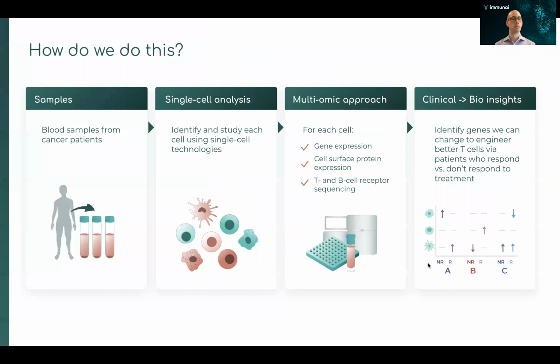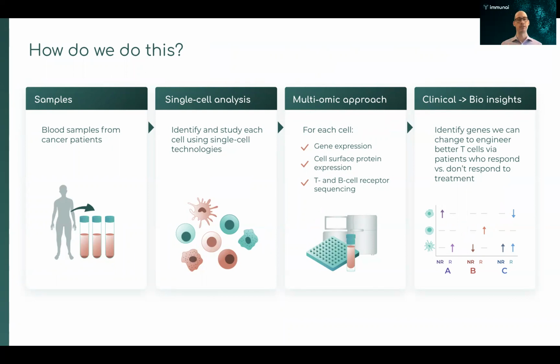How do we do this? We take blood samples from cancer patients, and we put them through single cell analysis, which means identifying and studying each individual cell using these technologies. For each cell, we have this amazingly rich set of data. We have gene expression, we've got surface proteins, we've got TCR and BCR receptors.